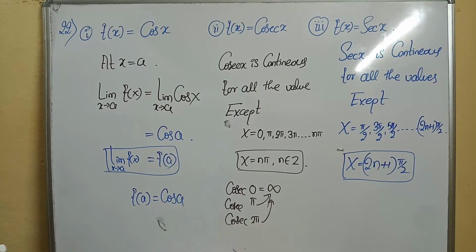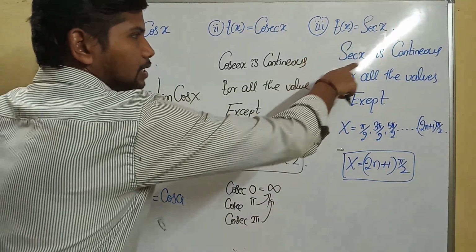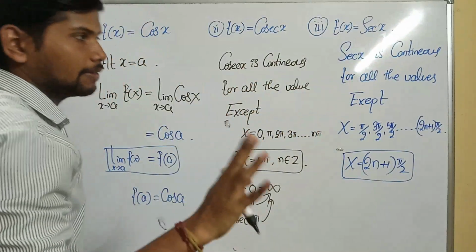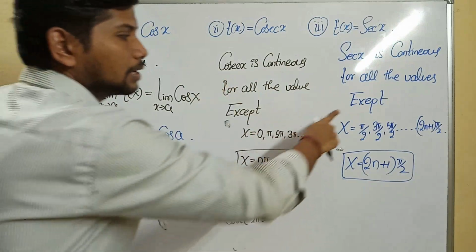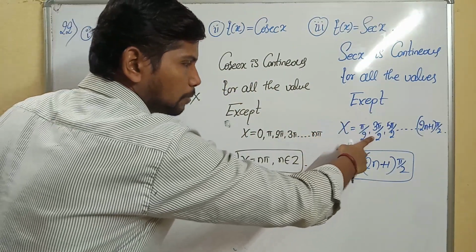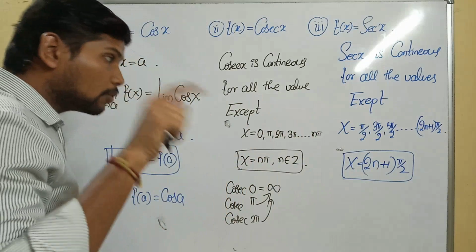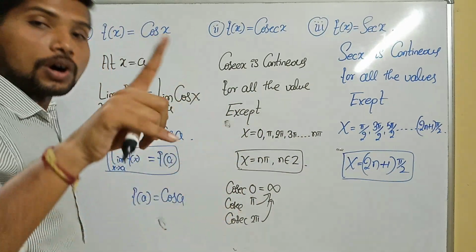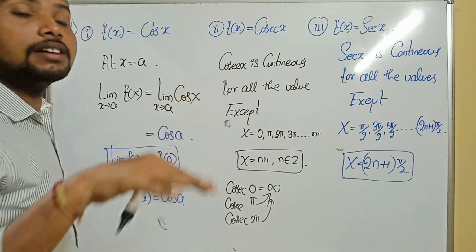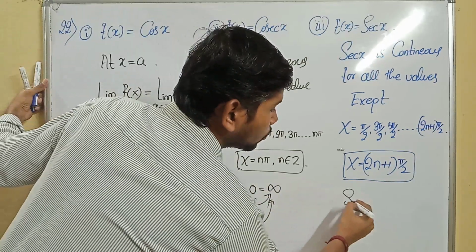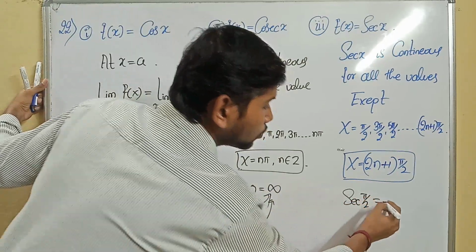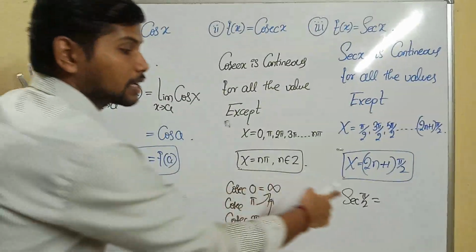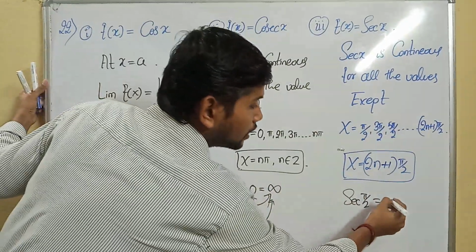Observe the next one. Secant x is continuous for all the points except pi by 2, 3 pi by 2, 5 pi by 2. Why? Because the reciprocal of sec is cos. Wherever cos is 0, secant is undefined. What is secant of pi by 2? Because cos pi by 2 is 0, secant pi by 2 will be indeterminate.